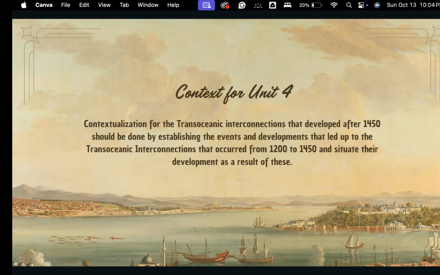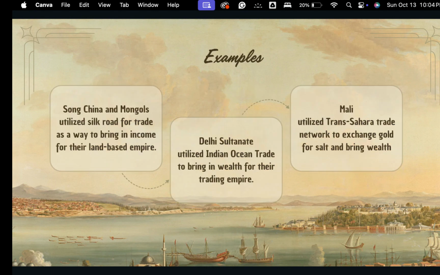So the contextualization for the transoceanic interconnections that developed after 1450 should be done by establishing the events and the developments that led up to the transoceanic interconnections that occurred from 1200 to 1450 and situate their development as a result of these. So we begin with 1200.